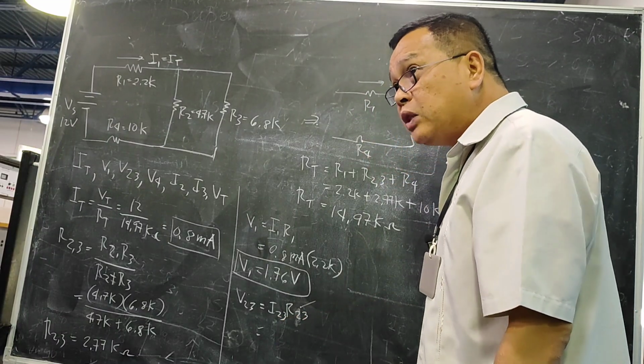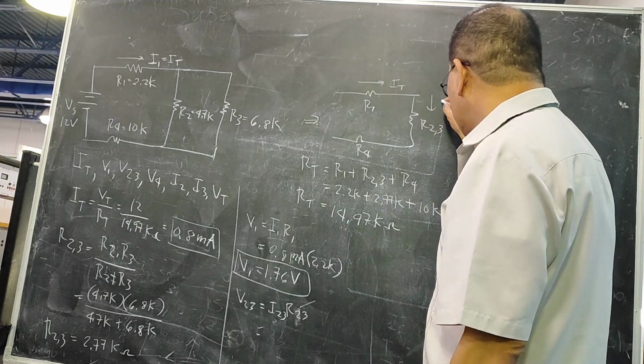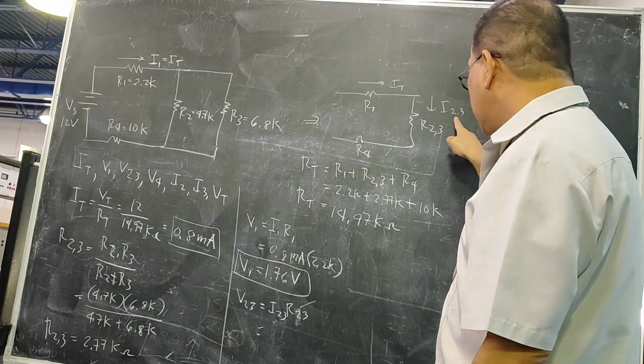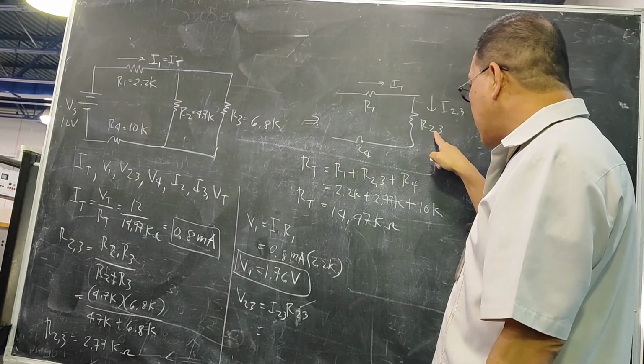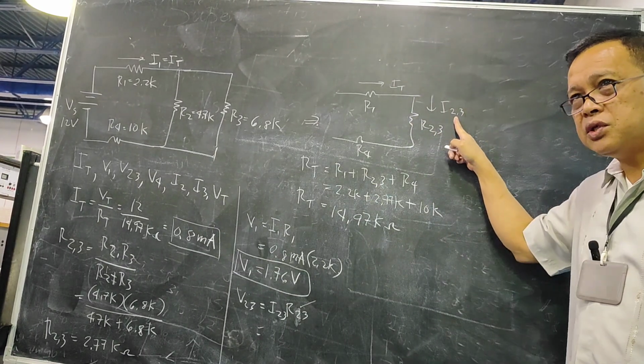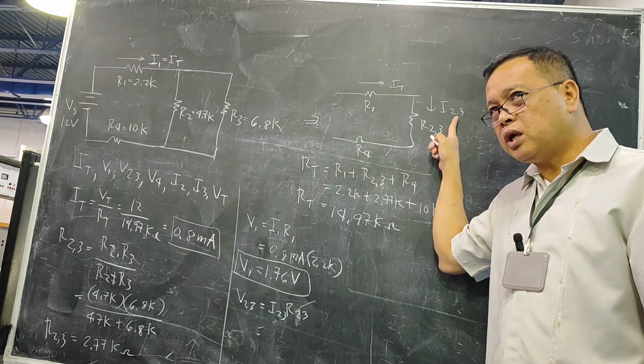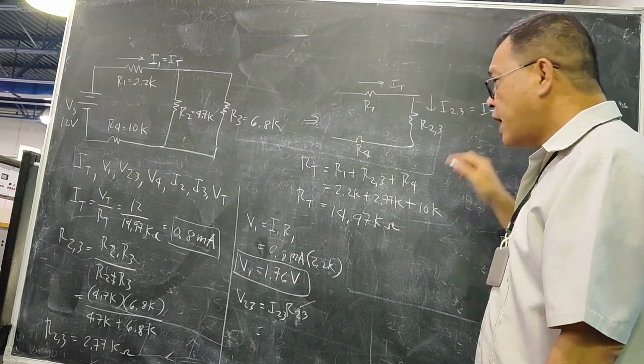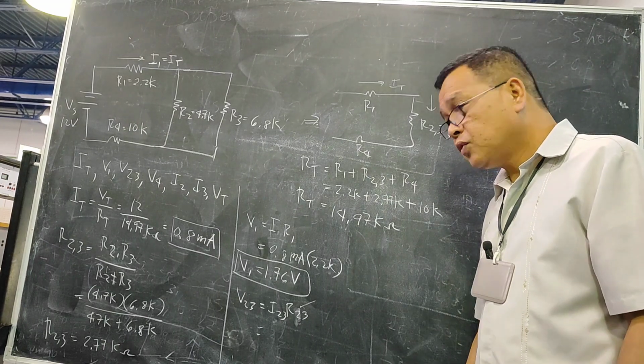Since I total here now becomes series with R23, we can say it's R23 I23, and this is equal to I total.